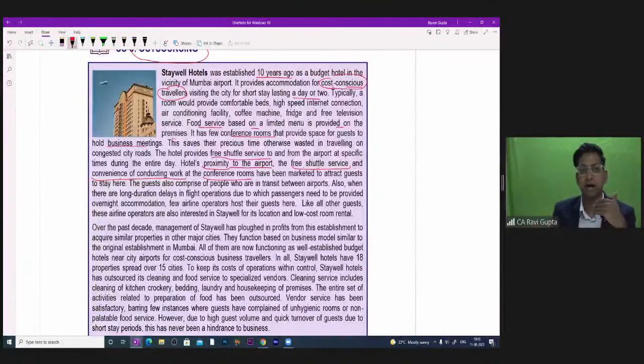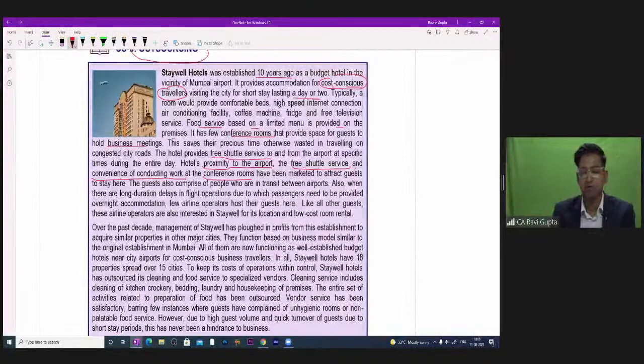What the travelers are getting here is a conference room. It's very close to the airport. Number 3, they have free shuttle services. That means you need not book a cab. They are providing free shuttle services that will take you to the hotel and drop you back to the airport. So it is a point of attraction for the guest.